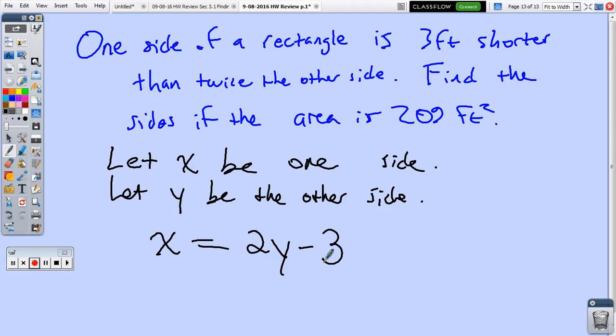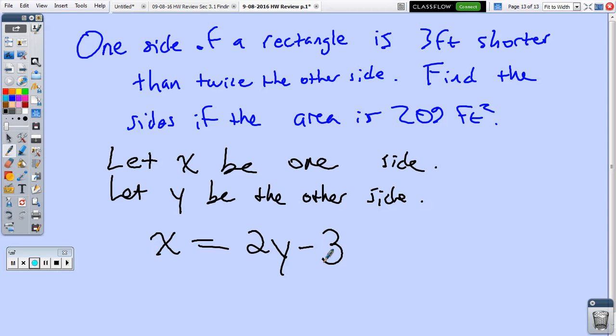The other side is y. Twice y is 2y. 3 feet less than that would be 3 feet shorter than twice. So x equals 2y minus 3. Find the sides if the area is 209 square feet.